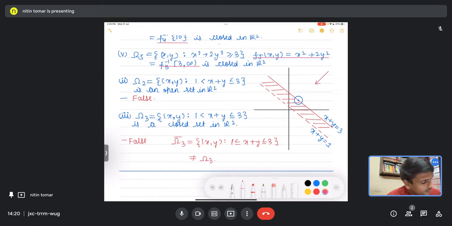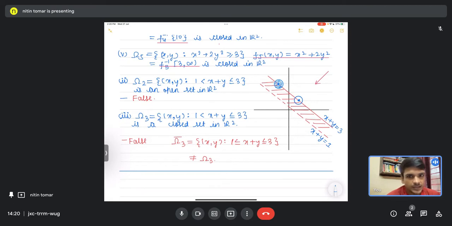As shown in the blue, if you take any point here, then no matter how we choose our open set, we will not be able to push this open set inside the shaded region, which is shaded by red.